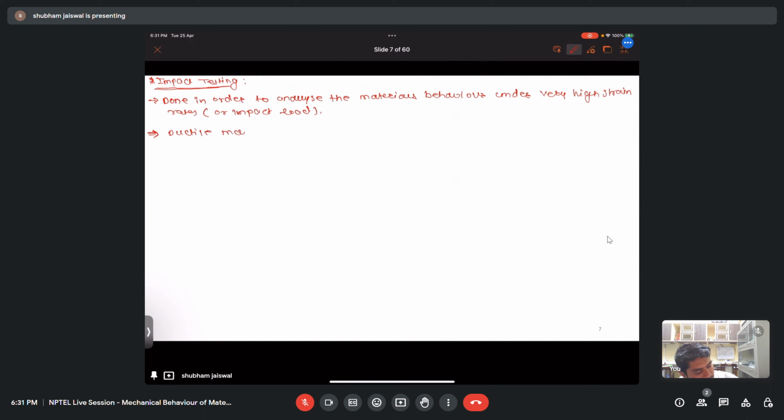ductile material tends to show brittle behavior under the conditions.